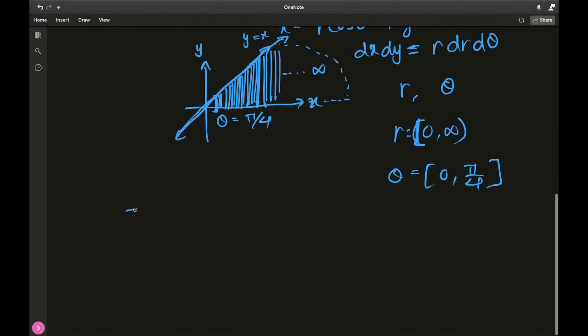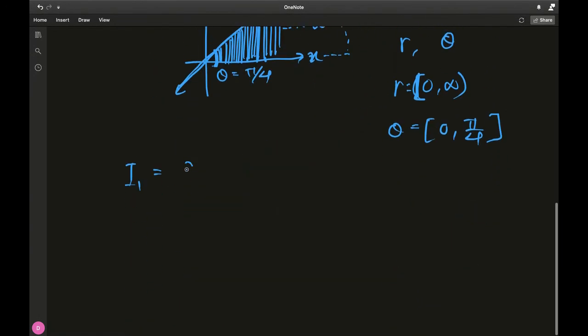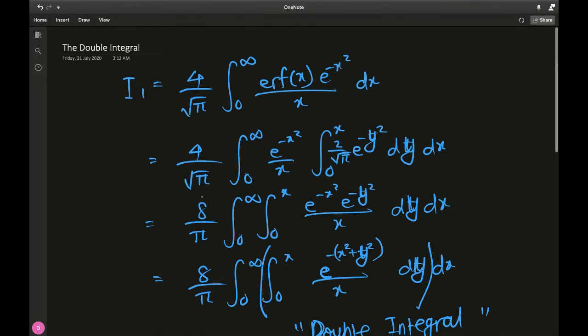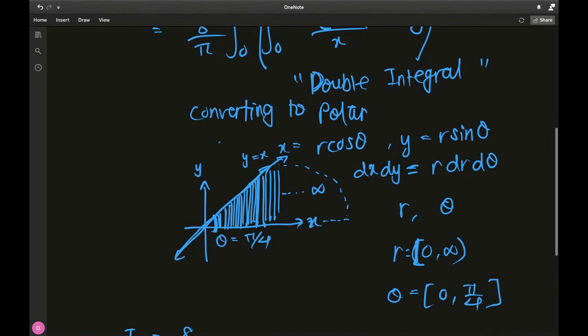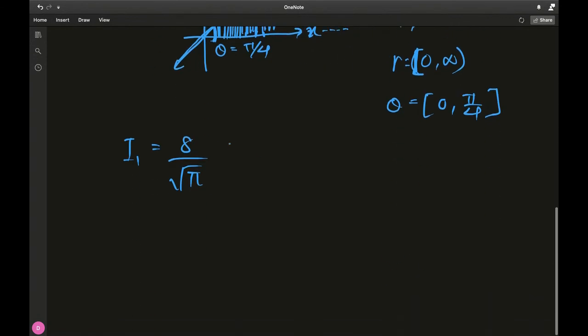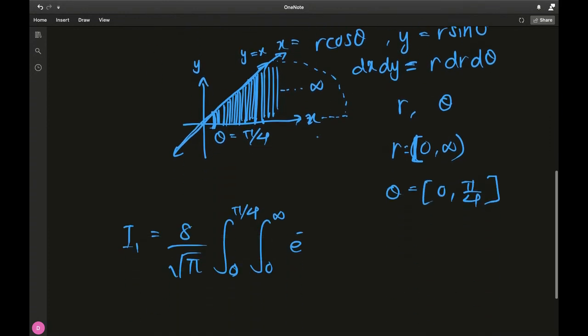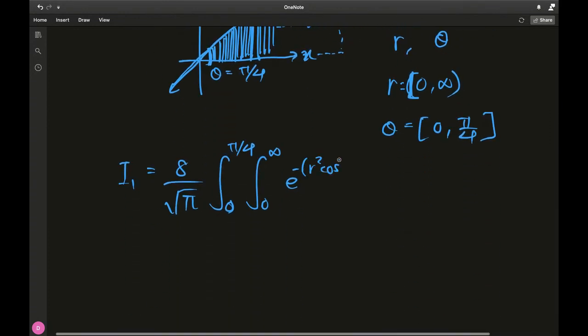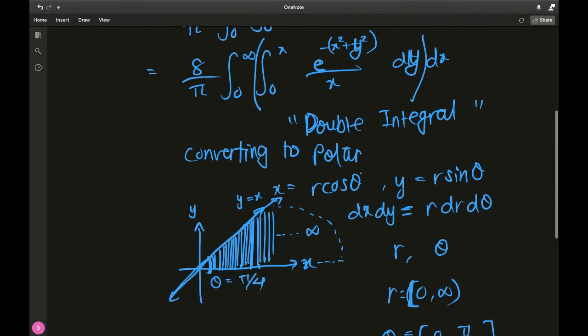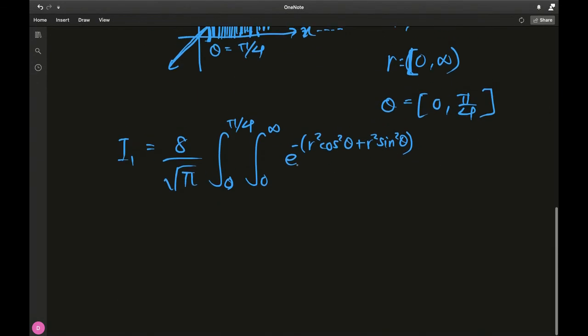Okay, so now converting our integral in terms of r and theta polar coordinates, we want dr d theta, so the d theta should be outside. Theta is going from 0 to pi over 4, radius is going from 0 to infinity, and we have e to the negative, where x is r squared cosine squared theta, y is r squared sine squared theta, and x is r cosine theta in the denominator.